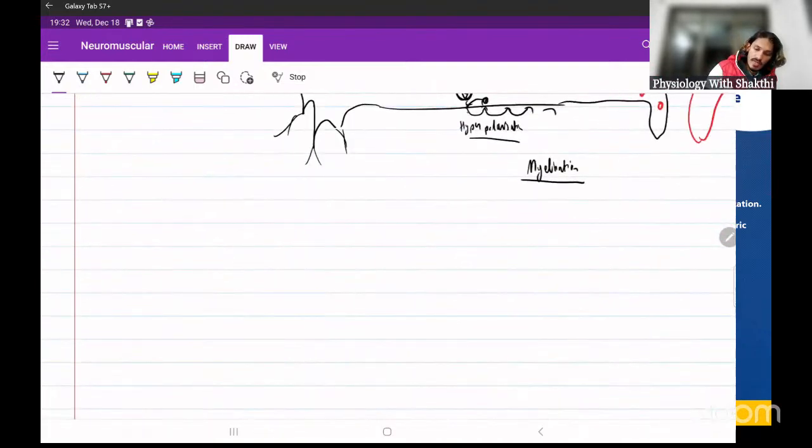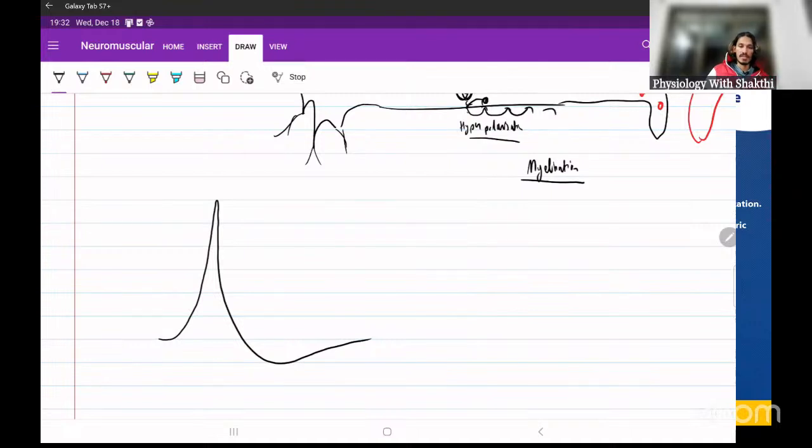So you were talking about your action potential. In this action potential, you see your depolarization phase and one-third of repolarization. This is where it is absolutely refractory.